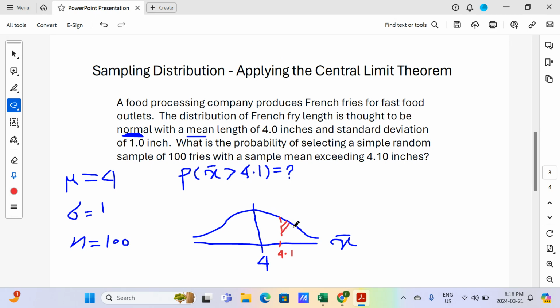So I need the area on the right side of 4.1. The probability I'm looking for is exactly the area of the red part. By using Excel, easily we can find the area of the red part, and then we have the probability. Okay, let's go to Excel to find this probability.